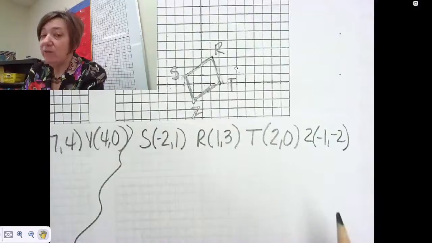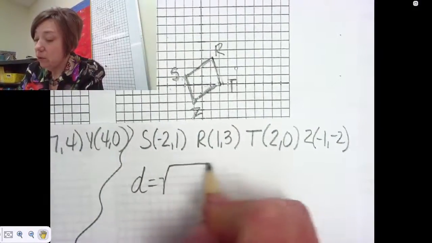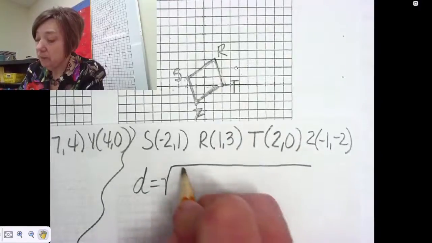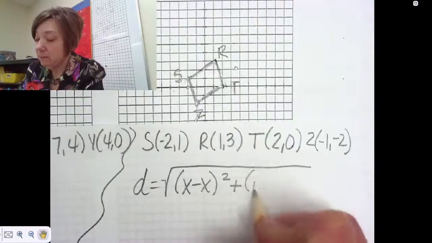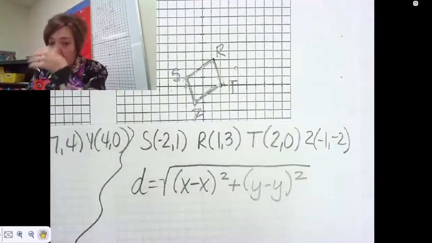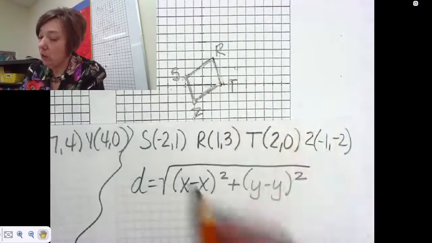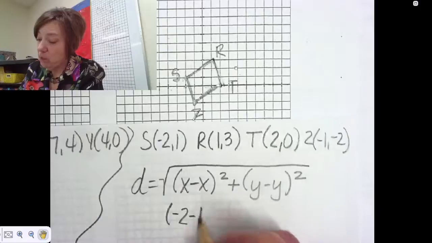Okay, now how do we find distance between 2 points? Y'all remember this? So if we're finding the distance of SR, we would do -2 minus 1 squared.